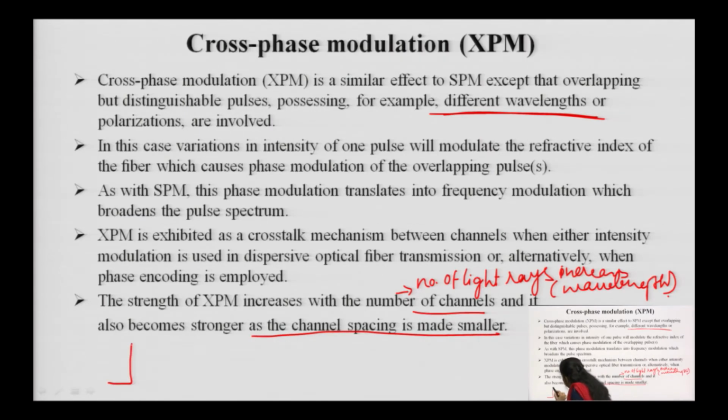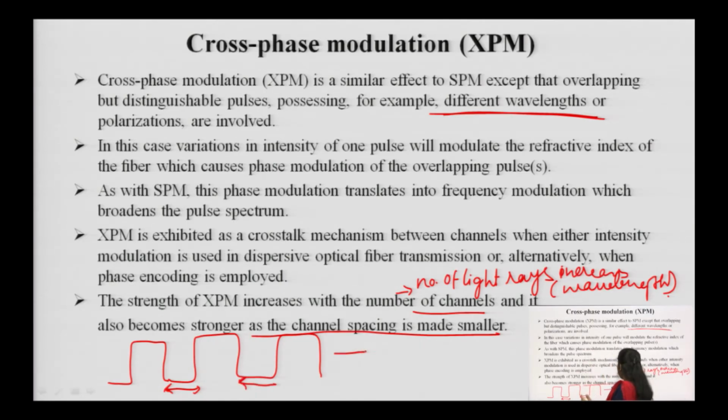If we take this digital modulation case, digital signal, in this particular case the channel spacing between the pulses is wide. So, in that particular case, after XPM, for long haul communication only, we can see that this pulse and this pulse get overlapped.